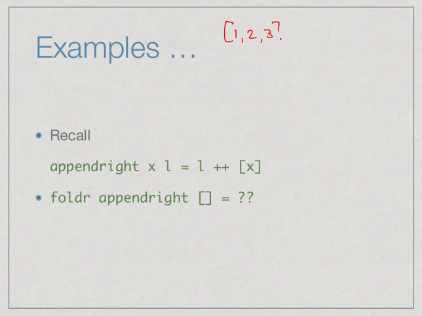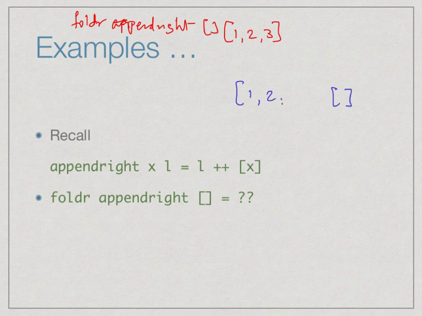So supposing I apply foldr of append right, the empty list on this. So we have the empty list and we have 1, 2, 3. The first thing is that I will take this element and combine it with this using append right.